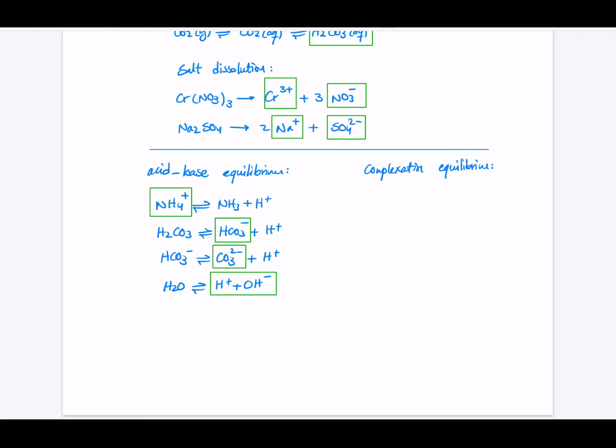Based on the table, we know chromium can complex with up to 2 ammonia. So ammonia to form chromium ammonia 3 plus. So that's 1 species. The other one is chromium 3 plus reacting with 2 ammonia, again based on the table, all the possibilities: chromium ammonia 2, 3 plus.